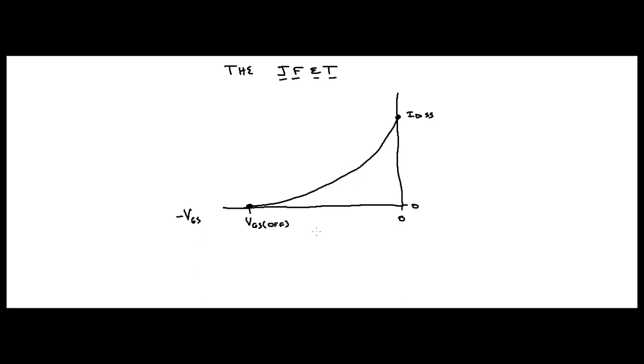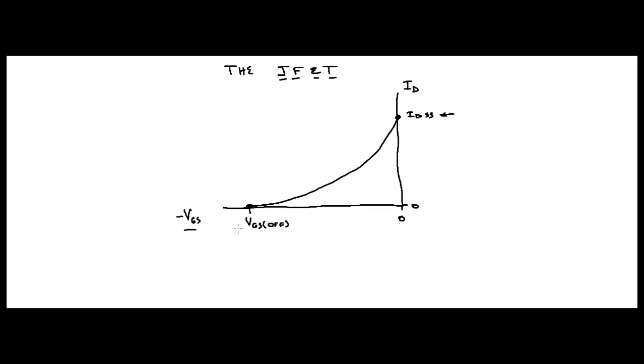Alright, everybody, so you probably recognize this graph. What you have here is VGS right here, and you have ID here. This is the point right here, IDSS, when VGS equals 0.